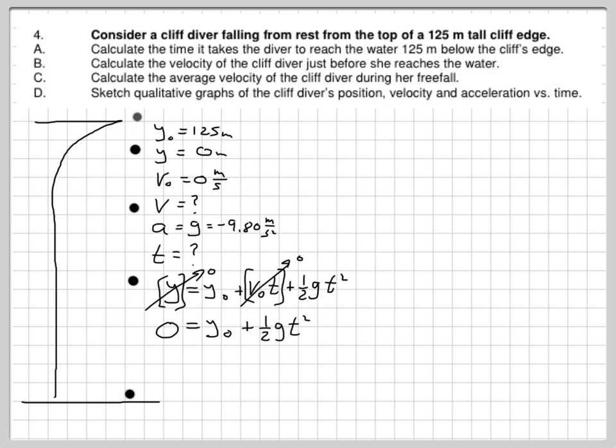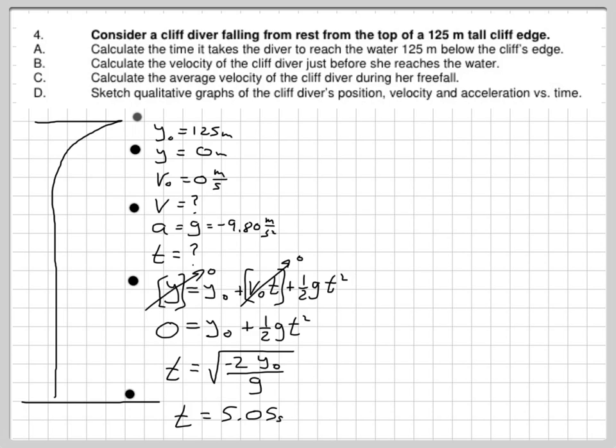And then just following the rules of algebra, subtracting Y naught from both sides and multiplying by 2, dividing by G, I'm going to end up with this expression. And then a simple plug and chug is going to result in 5.05 seconds rounded to 3 significant figures.